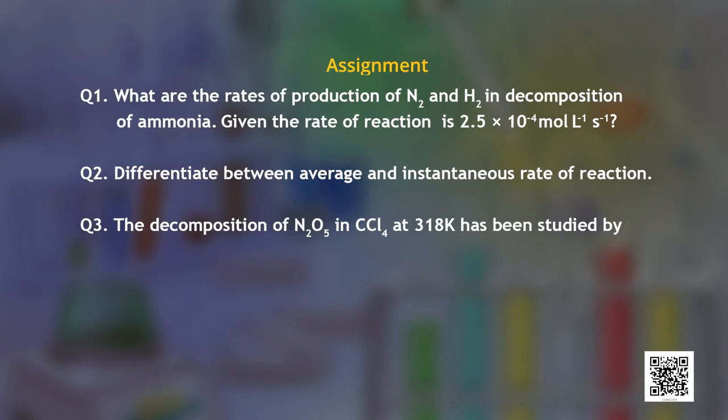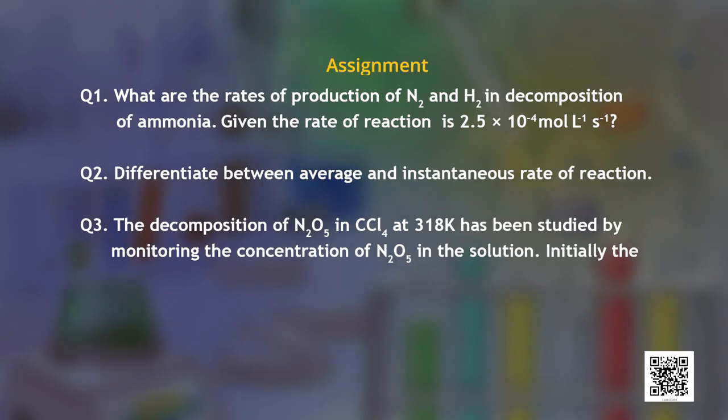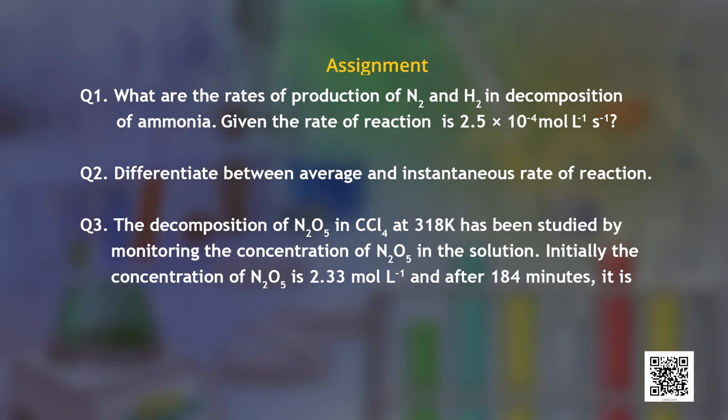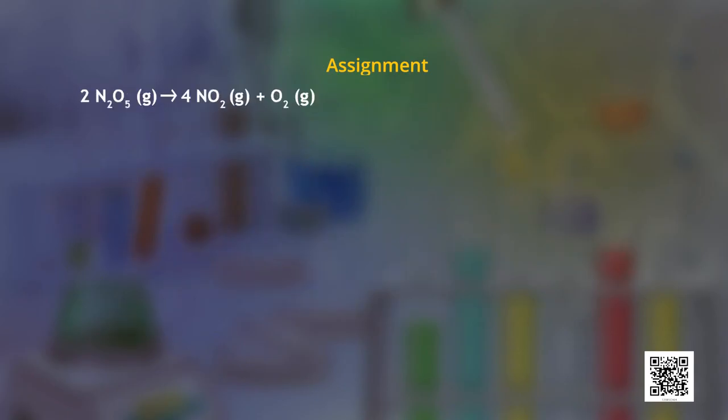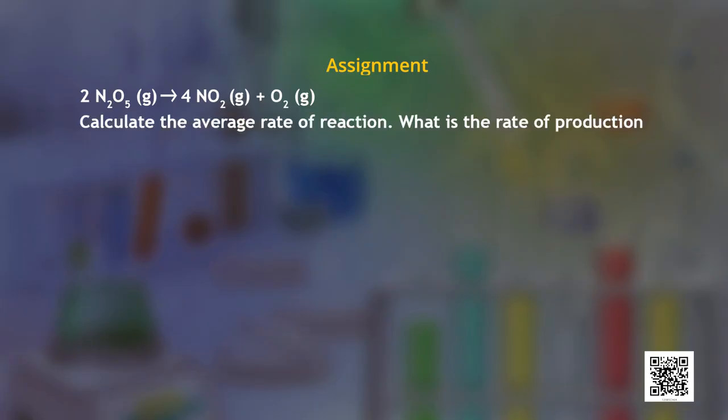The decomposition of N2O5 in CCl4 at 318 Kelvin has been studied by monitoring the concentration of N2O5 in the solution. Initially, the concentration of N2O5 is 2.33 moles per liter, and after 184 minutes, it is reduced to 2.08 moles per liter. The reaction takes place according to the equation 2N2O5 gives 4NO2 plus O2. Calculate the average rate of reaction. What is the rate of production of NO2 during this period?